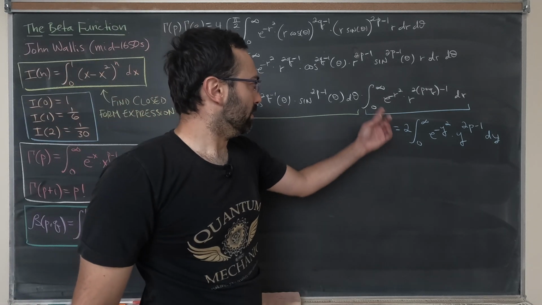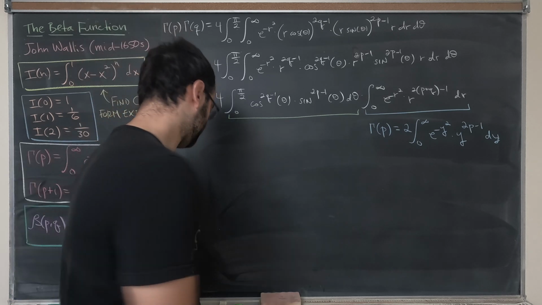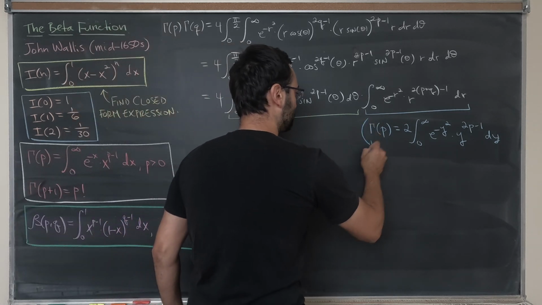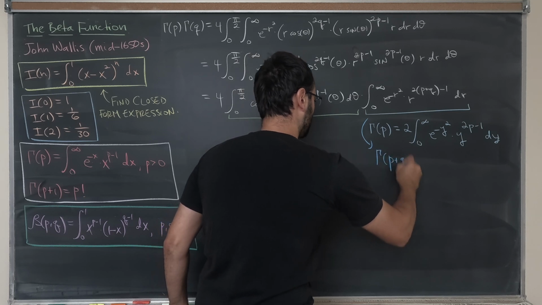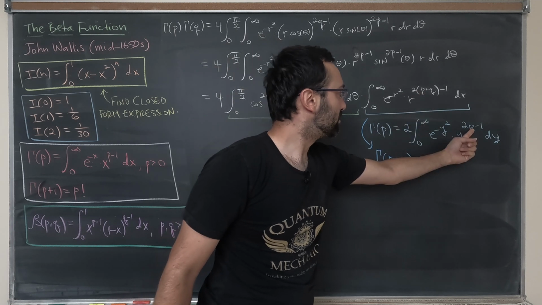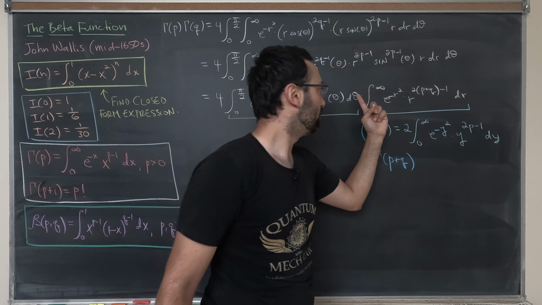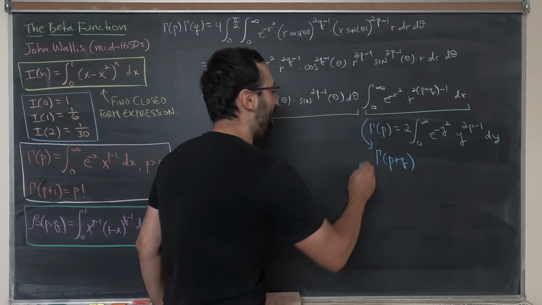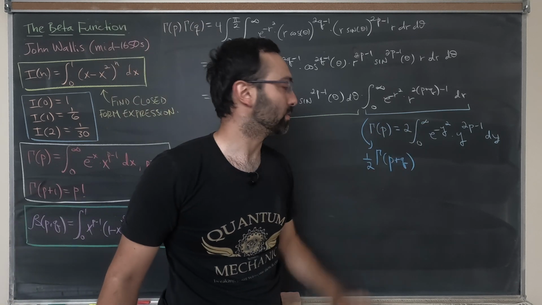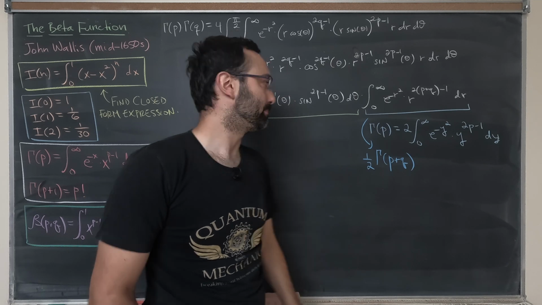Well, that's precisely what this gives us, except that we're going to call that gamma of p plus q. The only difference here is, instead of gamma of p, what we have is p plus q. So this integral is half of that, since gamma of p is twice that integral. Okay, so this is half of gamma of p plus q.